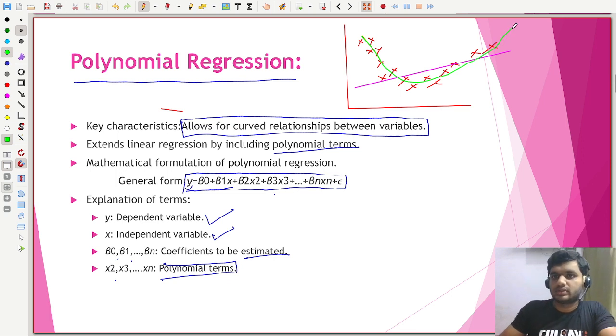Here you notice the error will be minimum in polynomial regression.